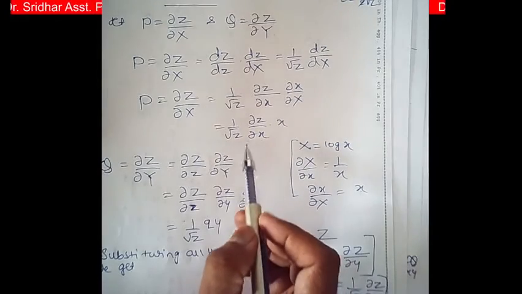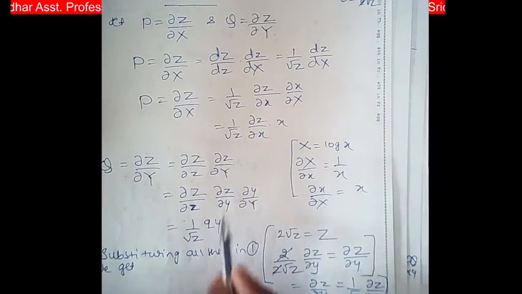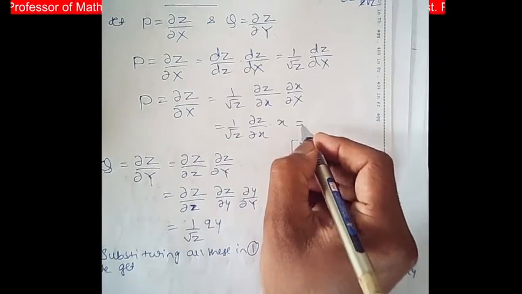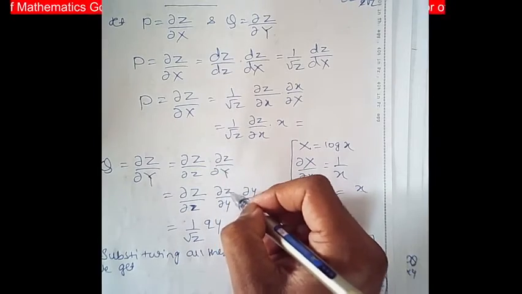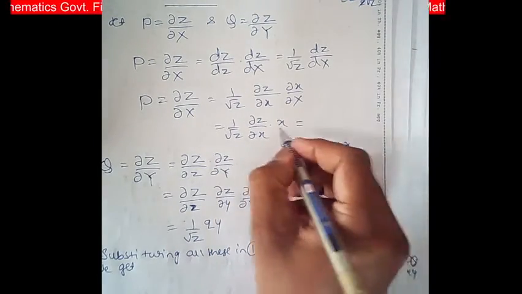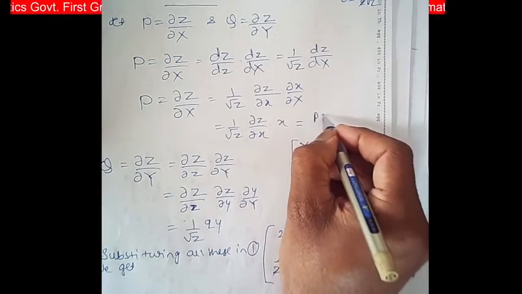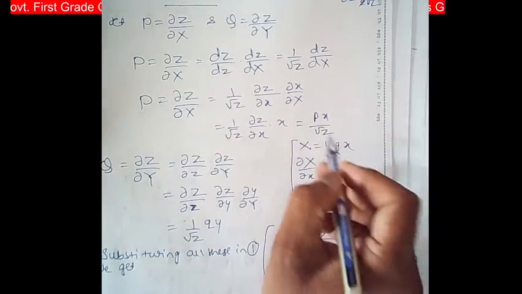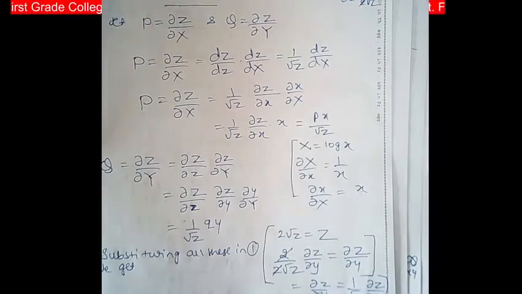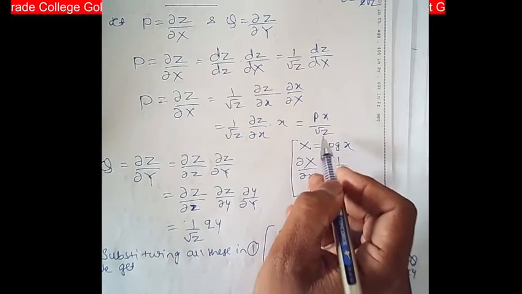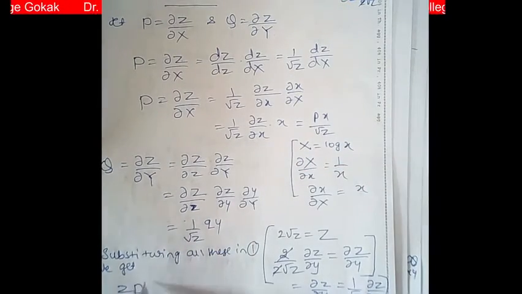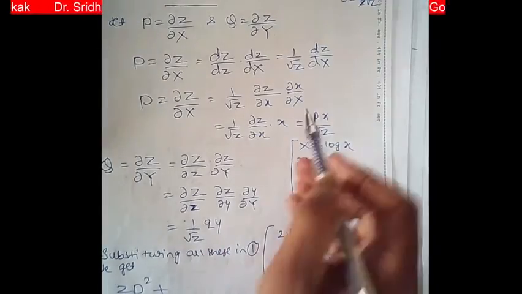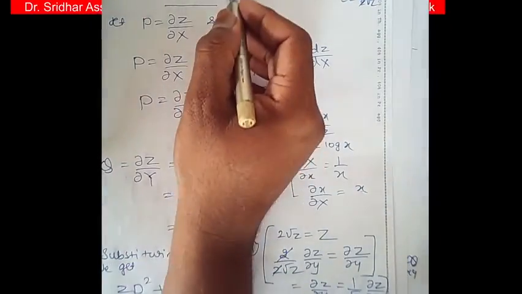So this means here this is p x and this is q y, because dou z by dou x is a small p and dou z by dou y is a small q. So this is p x by root z. On squaring this one, we get p square x square is root z whole square, which means it is z into p square, then plus q square y square.